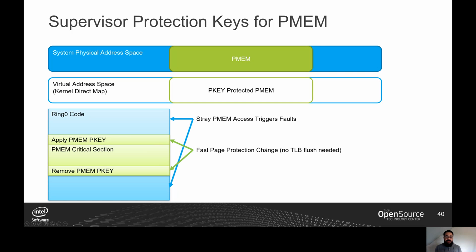And the benefit of P keys is that turning on and off the protection of that memory space is done without needing to do any TLB flushes or page table updates. We could approximate the same facility just with page table updates, but P keys lets it happen without that overhead. So that would close off this potential stray write problem.